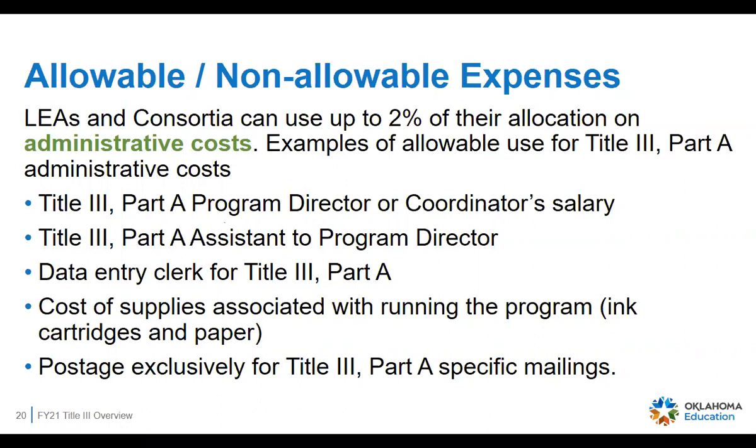You can buy supplies associated with running the program, such as ink cartridges and paper. You can pay for postage for mailings that are specific to Title III. All of these things are allowable as long as they are working exclusively with your Title III students, the English learners or immigrant students.